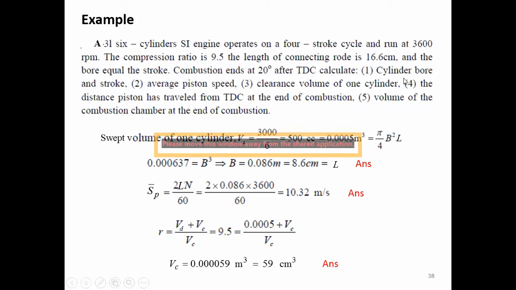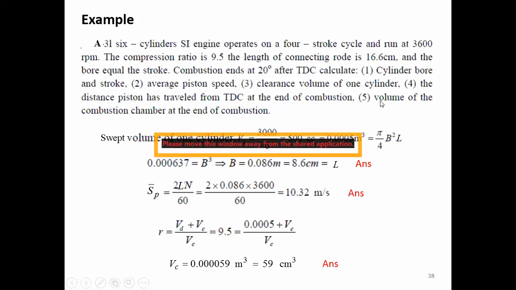Calculate first the cylinder bore and the stroke, the average piston speed or mean piston speed, and the clearance volume of the cylinders. Then the distance the piston has traveled from top dead center to the end of combustion. That means the distance that the piston moved down from the top dead center until combustion finishes, which is at 20 degrees after top dead center.